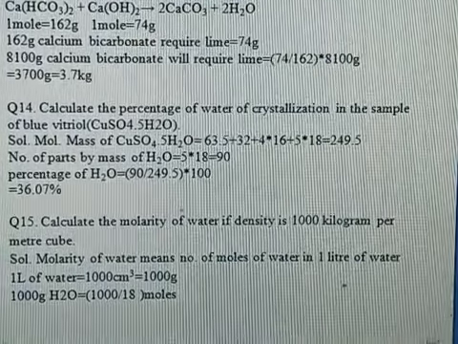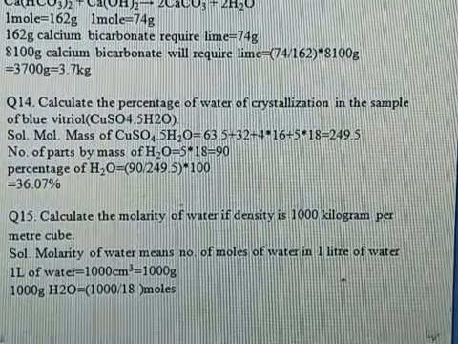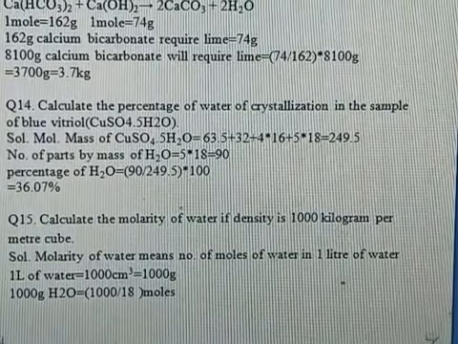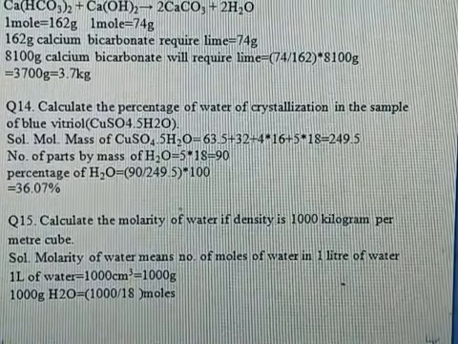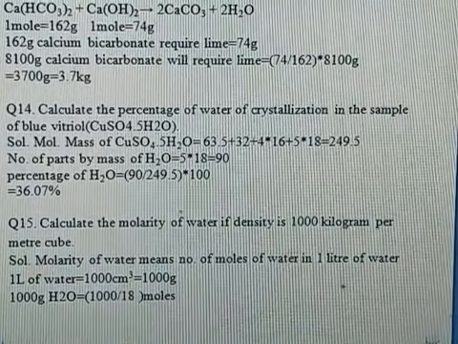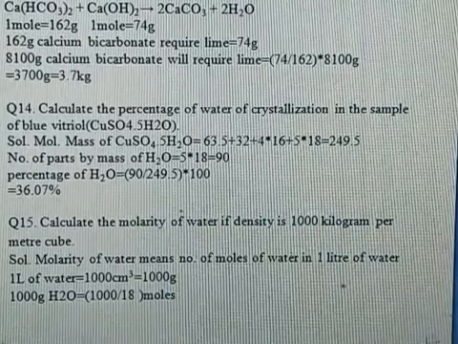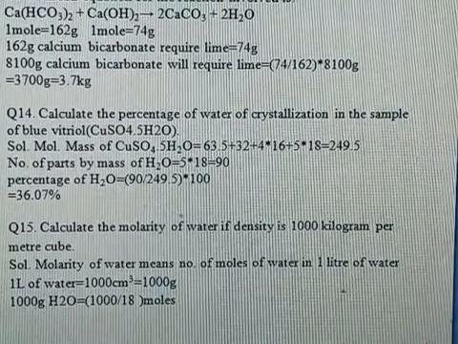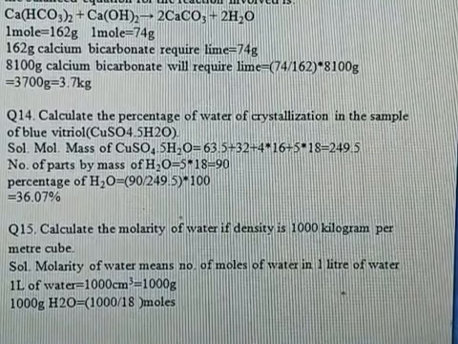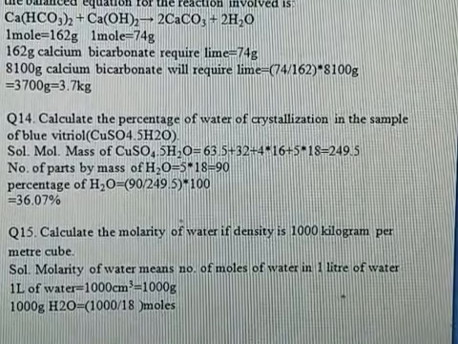Question number 15: calculate the molarity of water if the density is 1000 kg per meter cube. Here molarity of water means the number of moles of water in 1 liter of water. We know that 1 liter of water is equal to 1000 centimeter cube, or 1000 gram. Now 1000 gram of water you can write in terms of mole, that is given mass divided by molar mass.